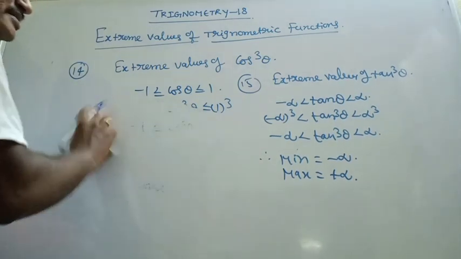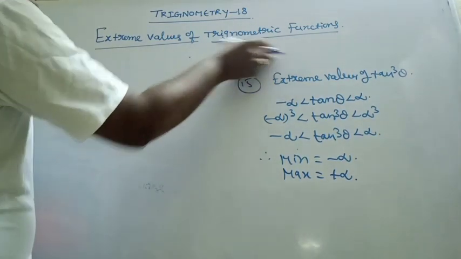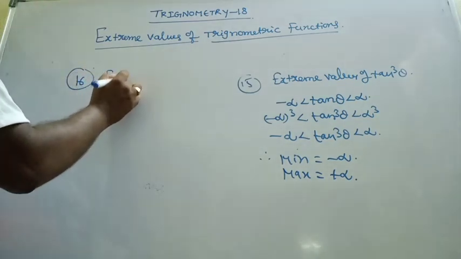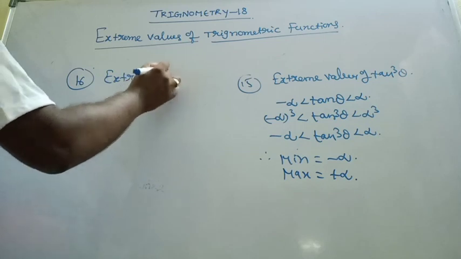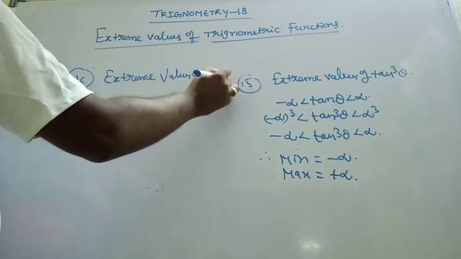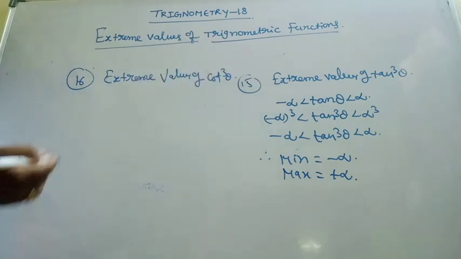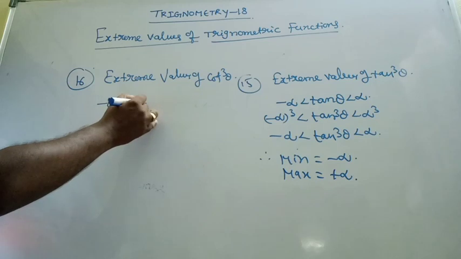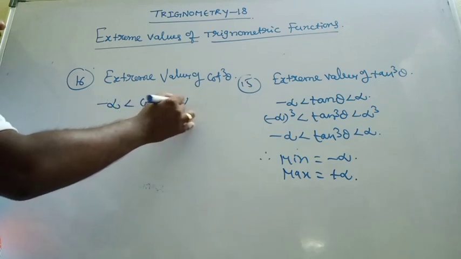After discussing this, we are going to generalize these things. Now, the 16th one, the same way: extreme values of cot cube theta. Similarly, -infinity less than cot theta less than +infinity.